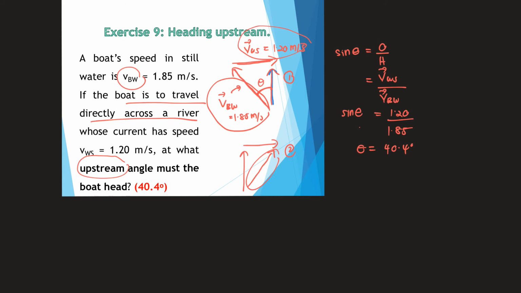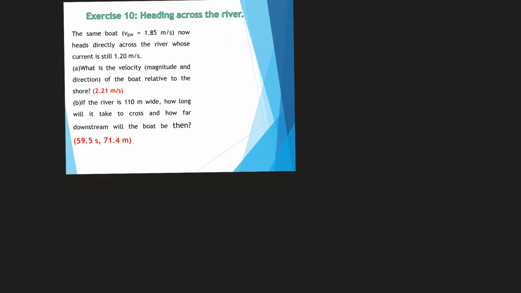Okay, let's see the next questions and decide the situations of the question, and then we are going to draw. So the same boat now heads directly across the river whose current is still 1.20 meter per second. The situation of the question is different from the previous one, where the boat heads directly and the river current pushes the boat downstream.